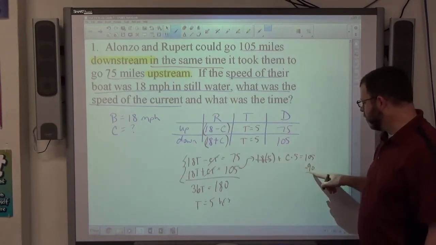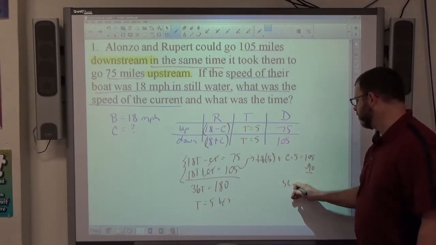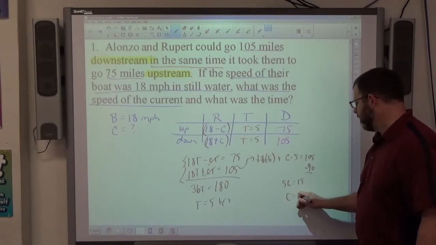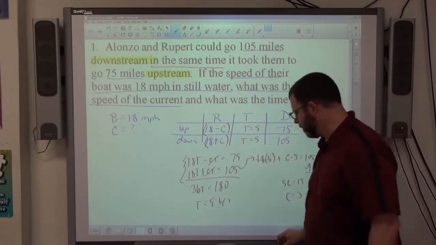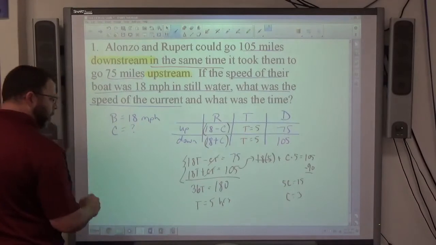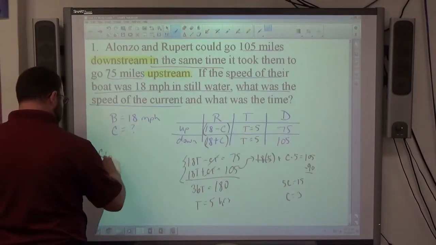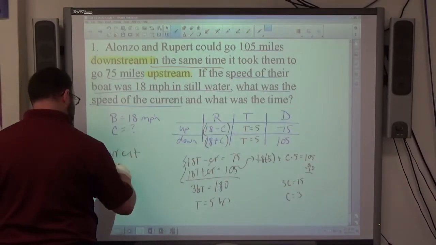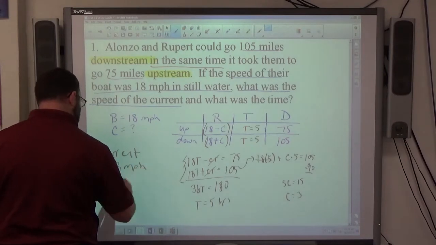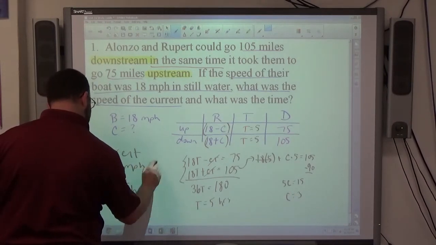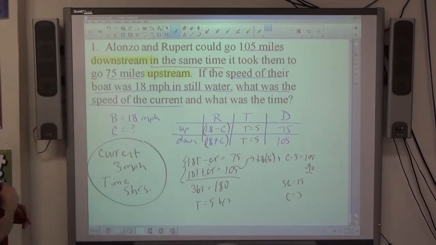It's positive 90, so it moves over to negative 90, so 5c is equal to 15. So c ends up equaling 3. So my answers are the current is 3 miles per hour, and the time is 5 hours. Answering both questions they asked me for.